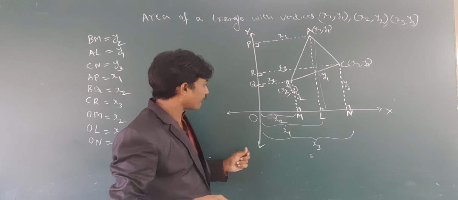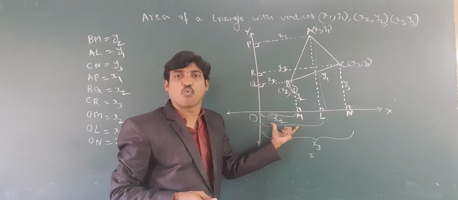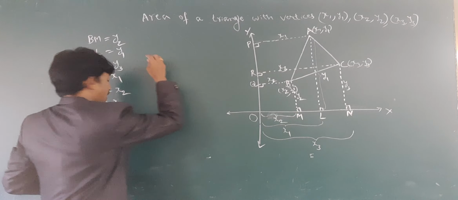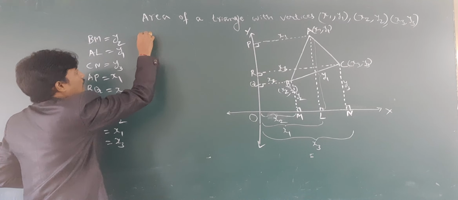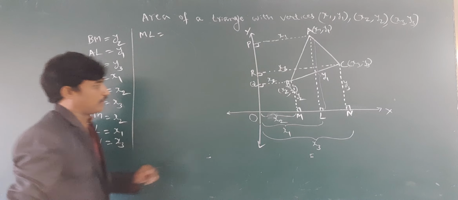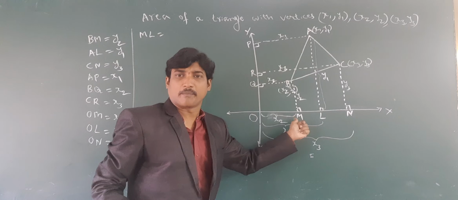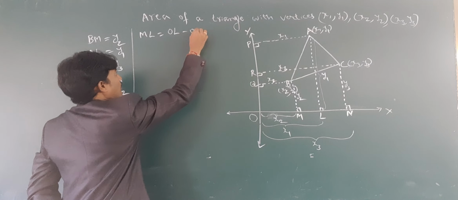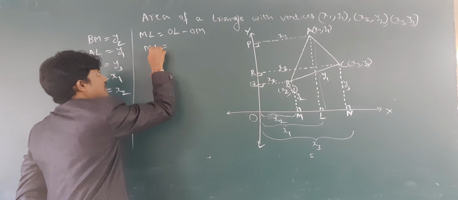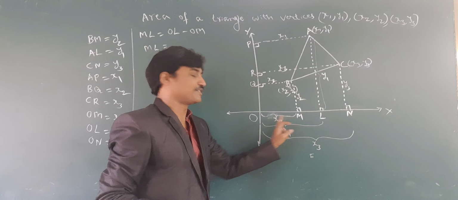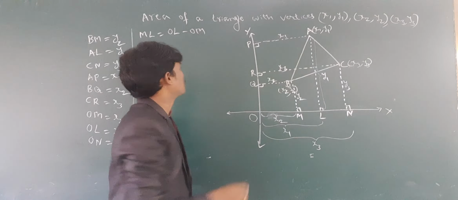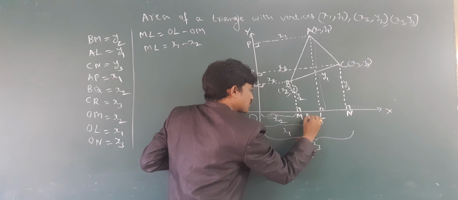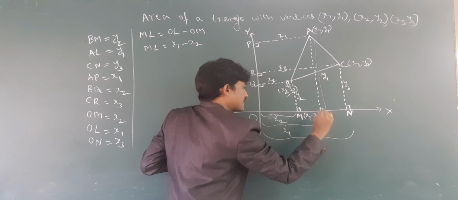Now, as OM is x2 and OL is x1, it is very clear that ML is equal to OL minus OM, that is x1 minus x2 units.